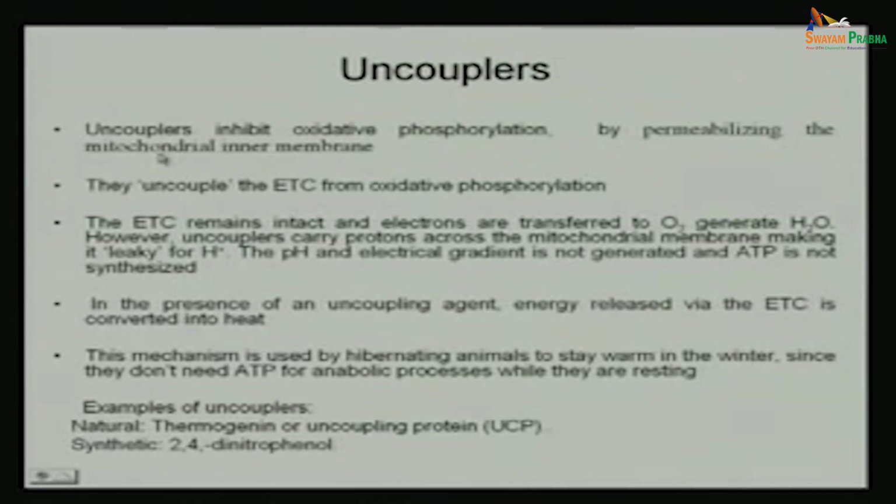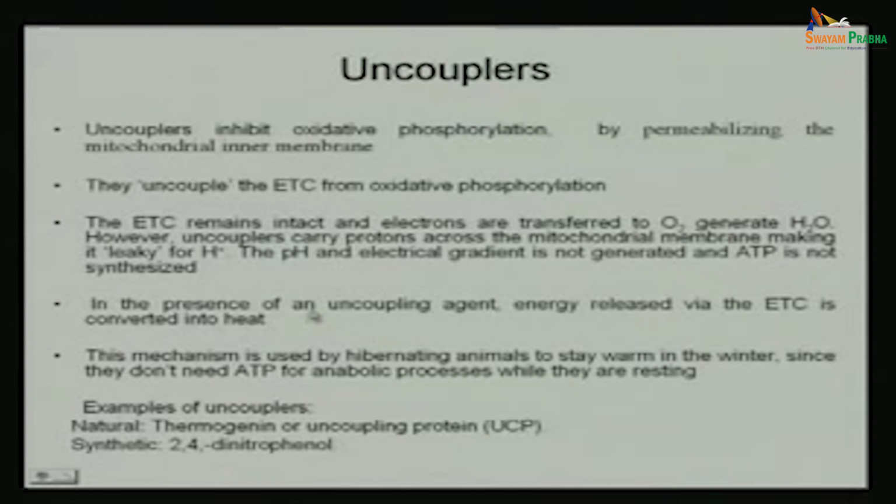The role of uncouplers in inhibiting oxidative phosphorylation is already there; they uncouple the electron transport chain from oxidative phosphorylation. The electron transport chain remains intact and electrons are transferred to oxygen, generating water. However, uncouplers carry protons across the mitochondrial membrane, making it leaky for hydrogen ions. The pH and electrical gradient are not generated and ATP is not synthesized.